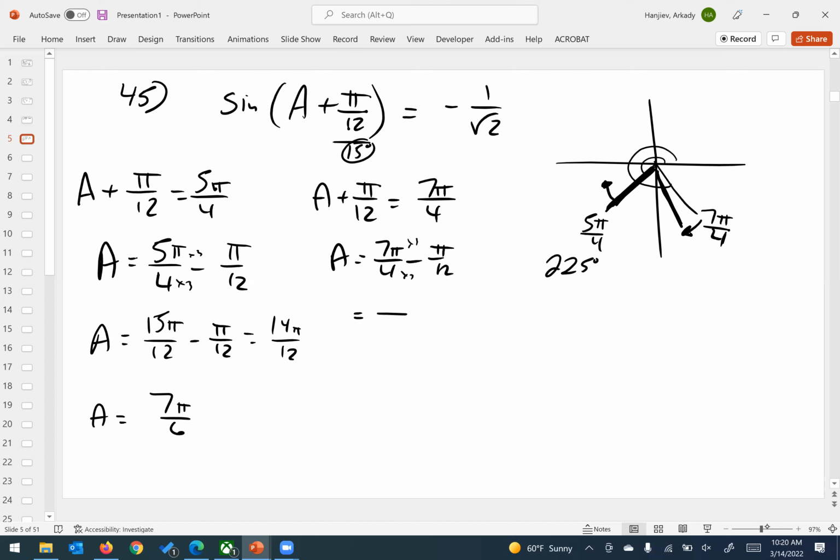Multiply by 3, 21 pi over 12 minus pi over 12 makes 20 pi over 12, makes half of that. Yeah, it rotates back 15 degrees there.